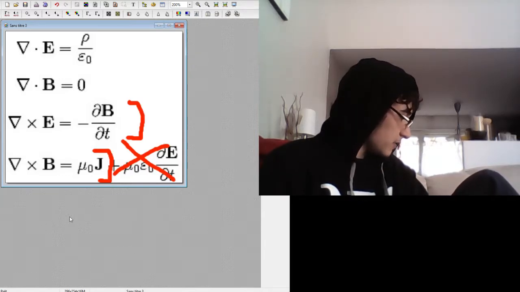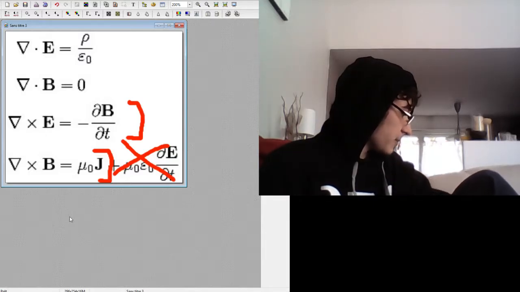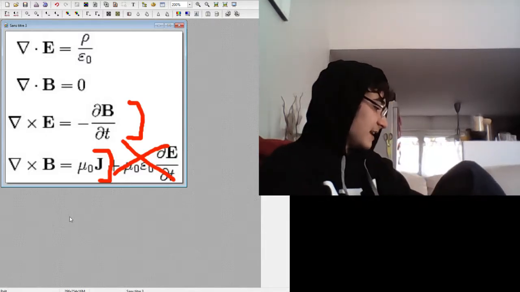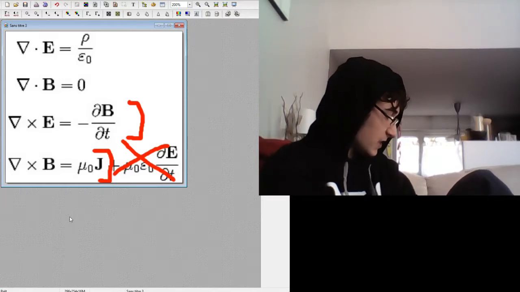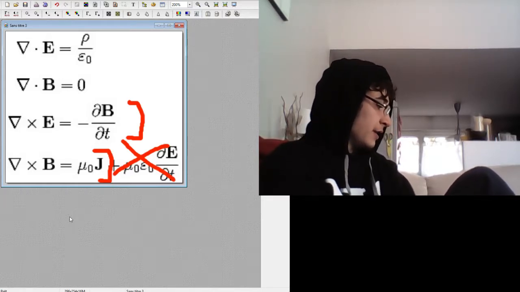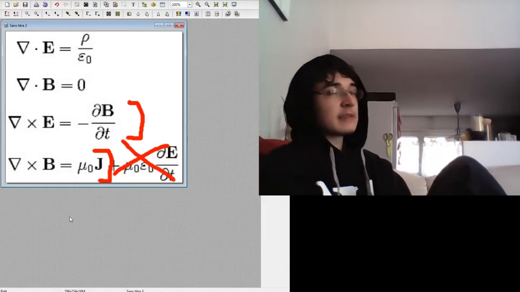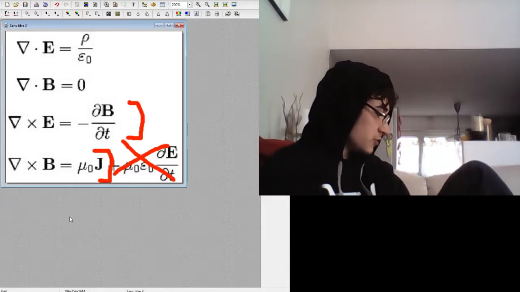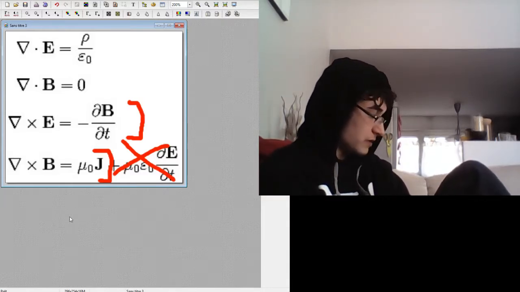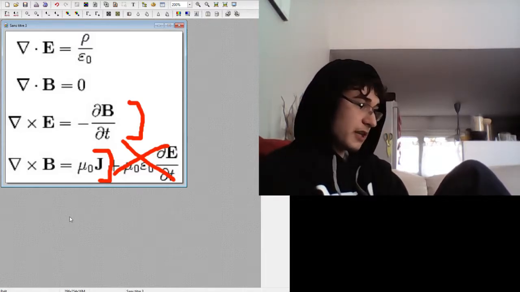And as for electromagnetic energy, it is essentially in a magnetic form, meaning that B squared divided by 2 mu 0 is greatly over epsilon 0 E squared divided by 2.